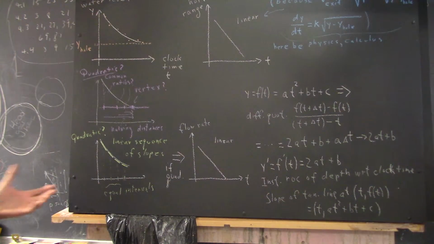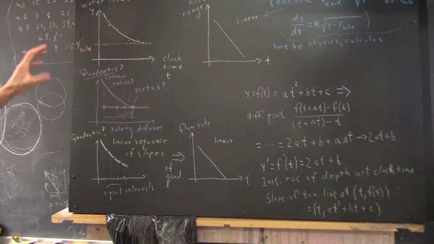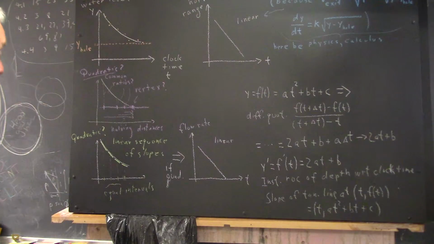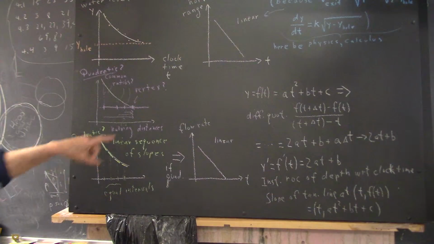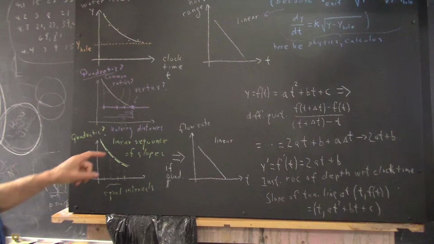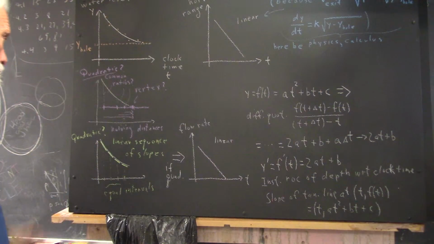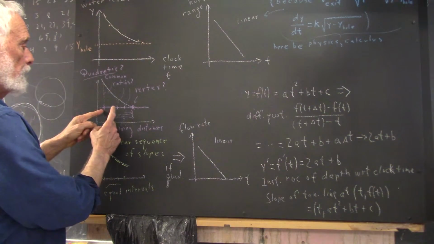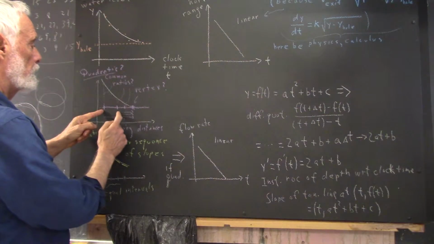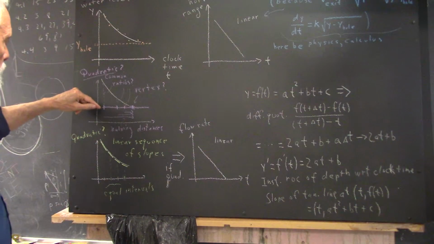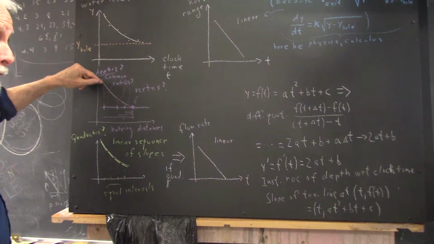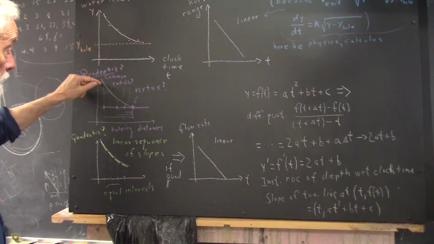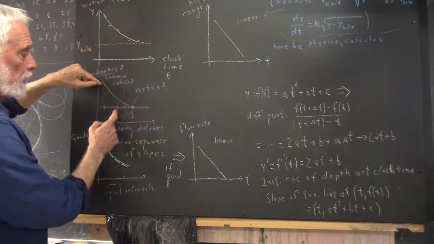We can test this, and I'm not going to get into the reasons for all this at this point. These are things that can be proven, and we will look at proving them. In the first place, if we know where the vertex is, then we have the property that if we put a point here, and another point halfway between here and the vertex, the y-coordinate at this point, that is the water level corresponding to this time, is going to be greater than the water level at this time.